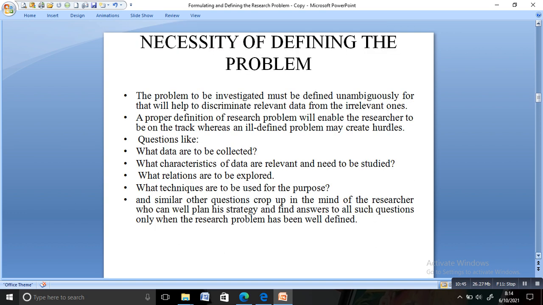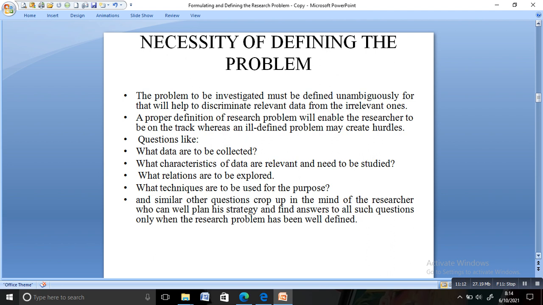Actually, we have to define the problem very clearly, so it will help us to collect the relevant data. Why do we have to define the problem? The problem should be defined clearly, so it will help us to separate the relevant data from the irrelevant one. It will help us to collect the relevant data.